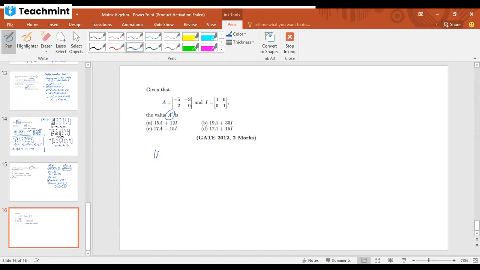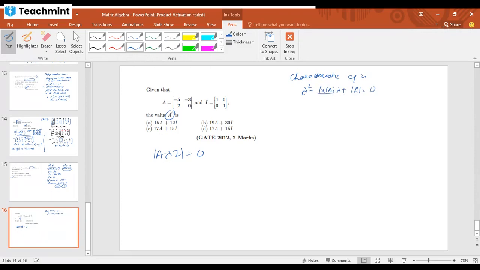We simply write the characteristic equation determinant of A minus lambda I equal to 0. And in case of a 2 cross 2 matrix, we can directly write the characteristic equation as lambda square minus trace of A times lambda plus determinant of A equal to 0.